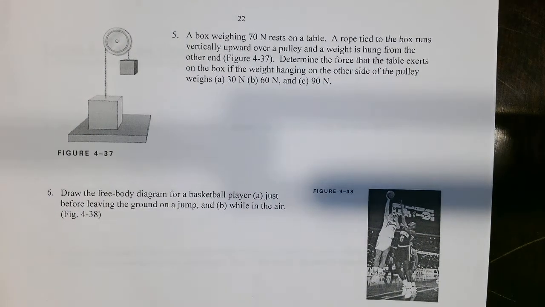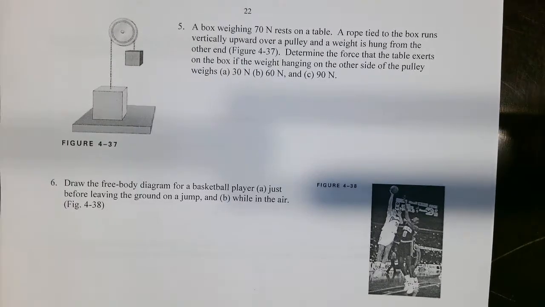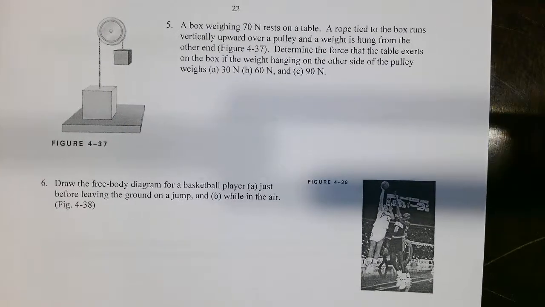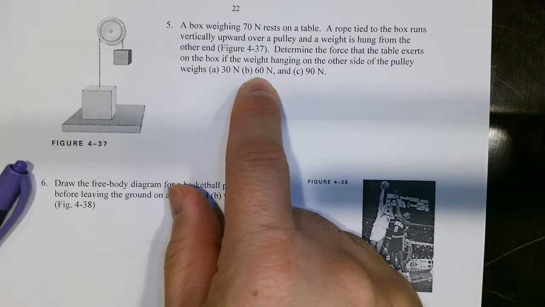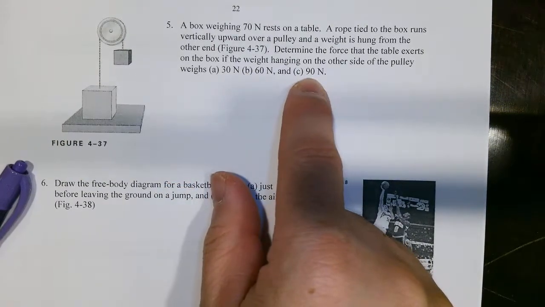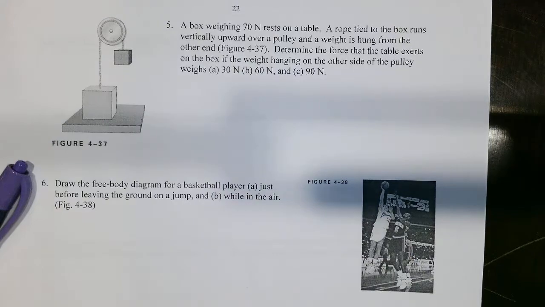A rope tied to the box runs vertically upward over a pulley, and the weight is hung from the other end. Determine the force that the table exerts on the box if the weight hanging on the other side of this pulley weighs A, 30 newtons, B, 60 newtons, C, 90 newtons.